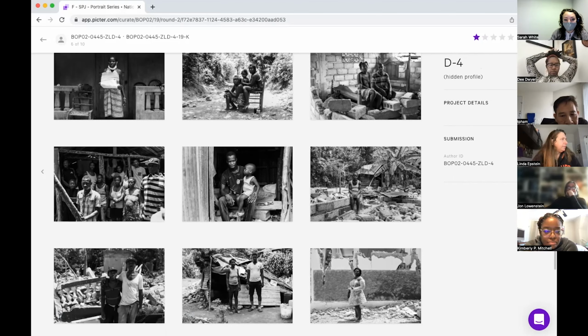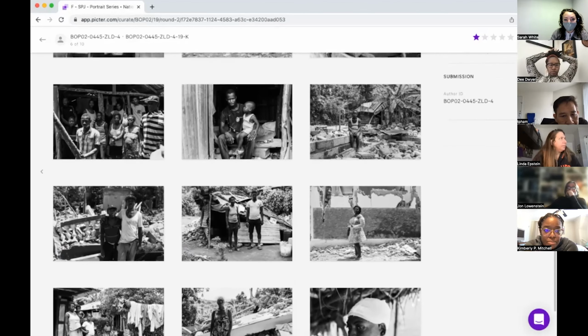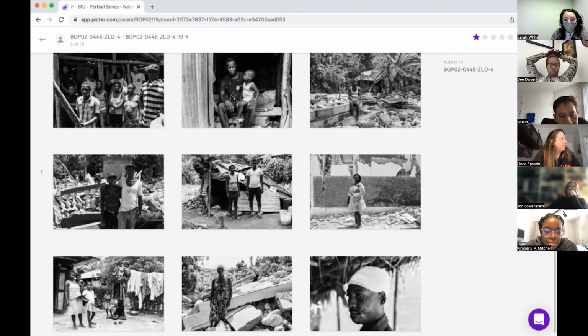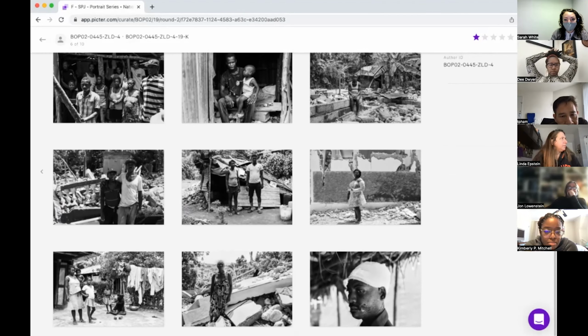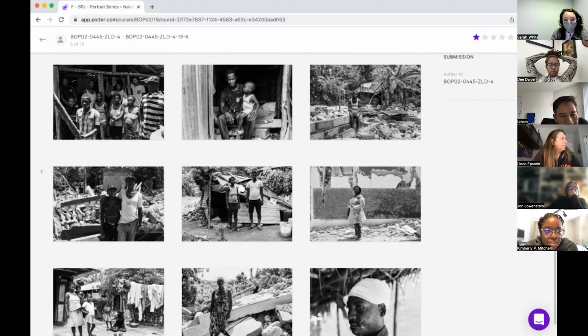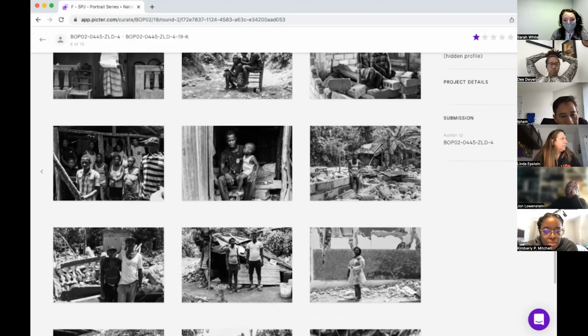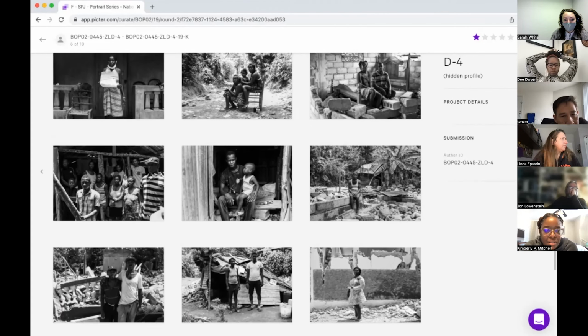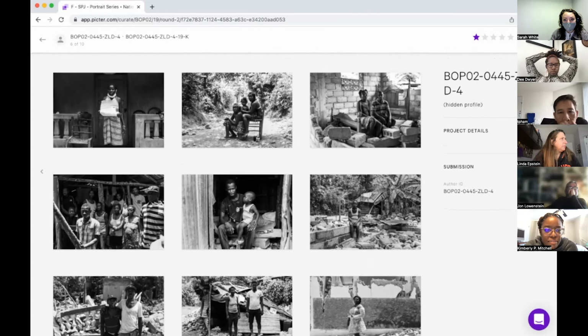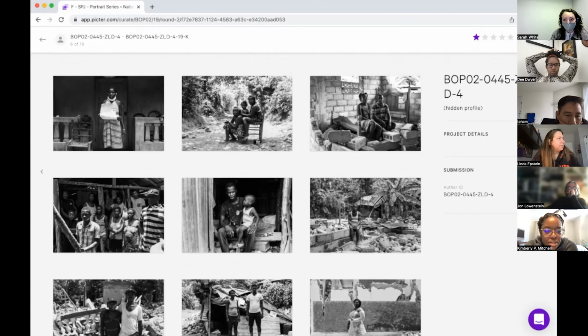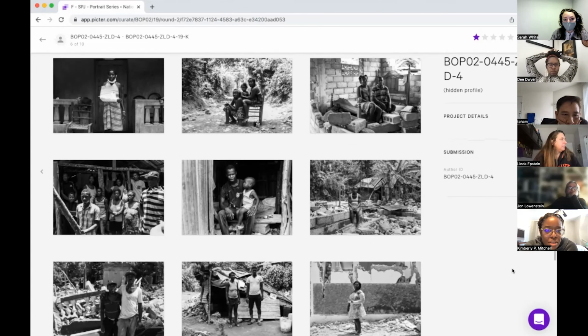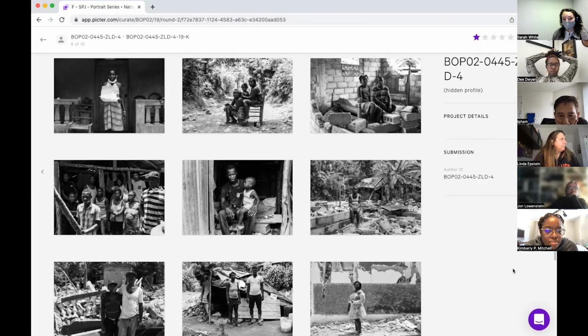This one is powerful to me, I would say. And you know, the resilience, like them saying this is my home even though it has crumbled to dust. Where am I going to go? And then the family, you can feel the family connections in these portraits. I feel so much when I look at these pictures.